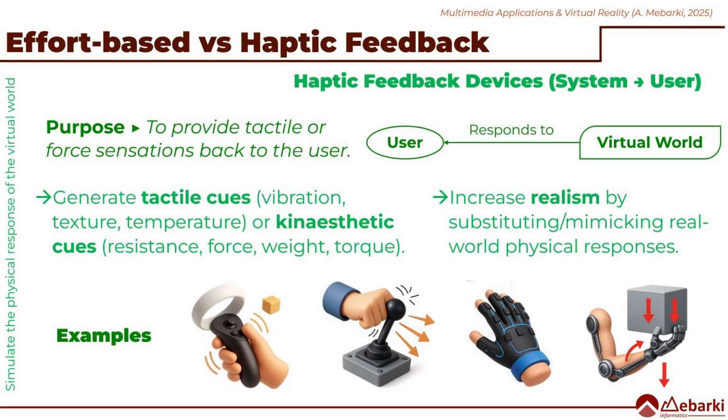A haptic glove may reproduce surface texture or pressure, enabling the user to feel virtual objects during manipulation. In more advanced systems, a VR exoskeleton arm can apply torque to the user's limbs, creating the illusion of weight or resistance.